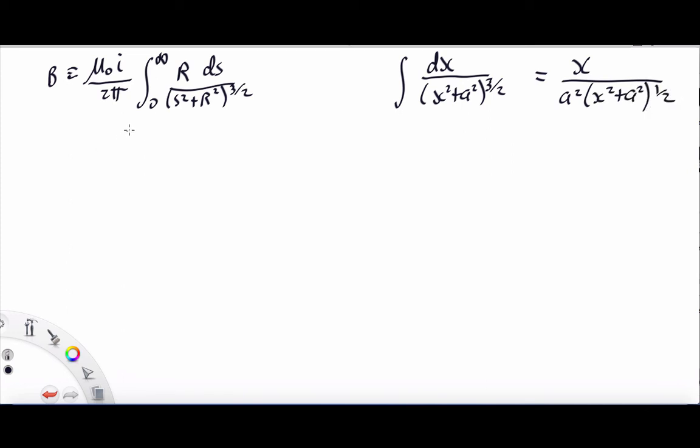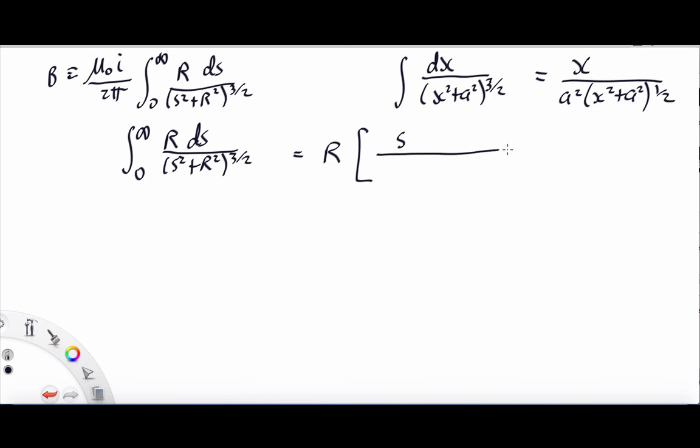So let's apply that to our integral, and now we have 0 to infinity R ds over s squared plus R squared to the 3 over 2 will equal R times, because R is the constant, we'll take that out the front, s over R squared, s squared plus R squared to the 1/2 from 0 to infinity.